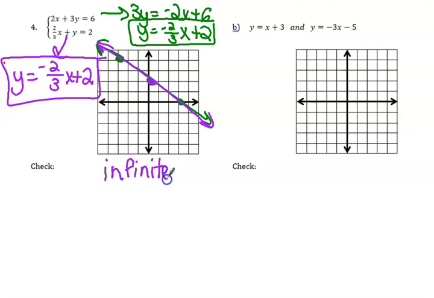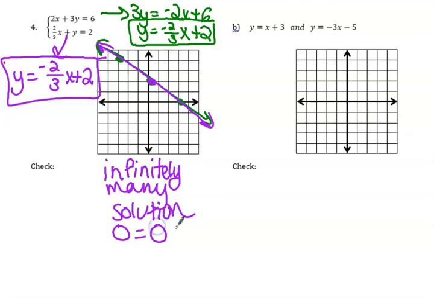So you guys have solved equations like that, where both sides equal each other, okay? So when you get something like 0 equals 0, that means that it's infinitely many solutions because you can plug anything in.